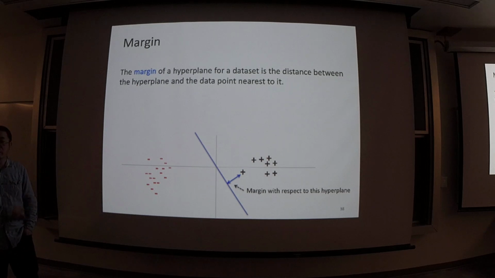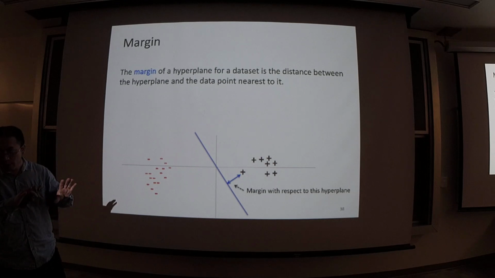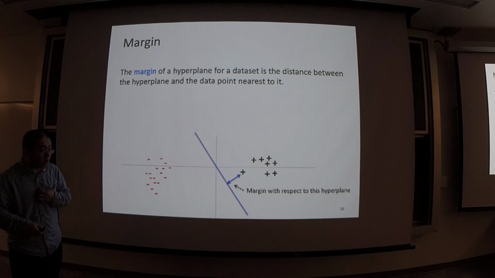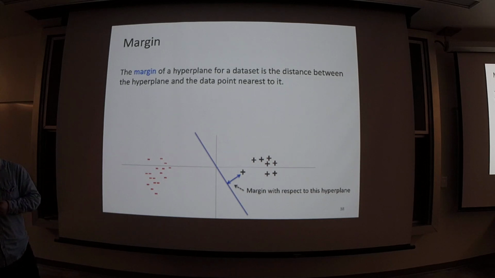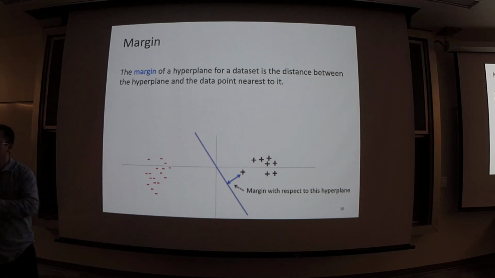This is the definition of margin. But obviously, if your hyperplane does not separate your data set, it does not have a margin for this data set. So be clear here, be aware. When we talk about the margin of a hyperplane, it must separate the data set. If it does not, there's no margin.